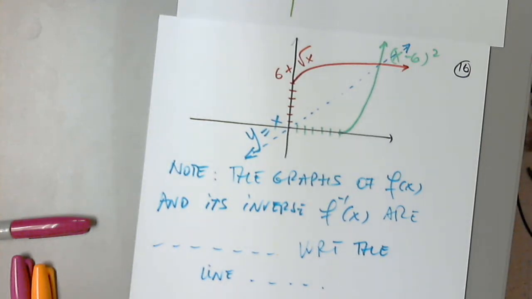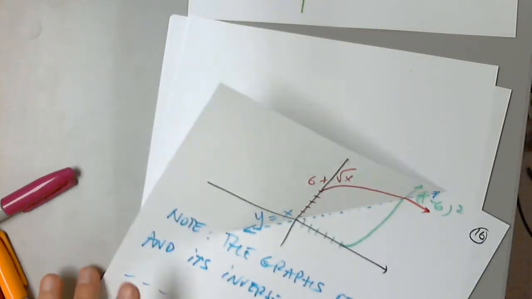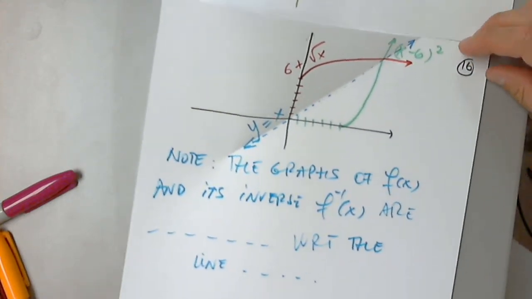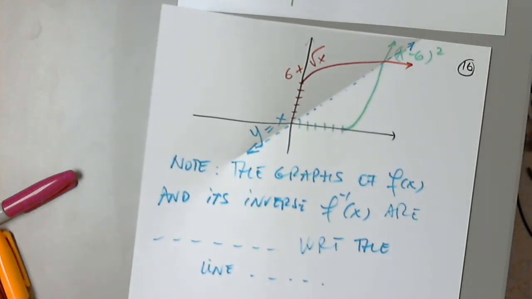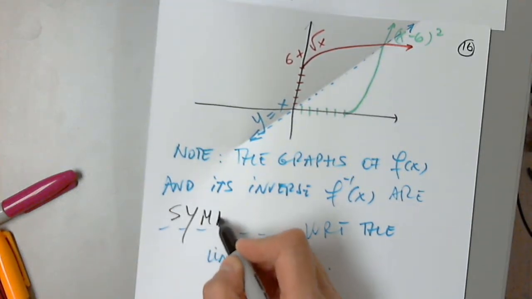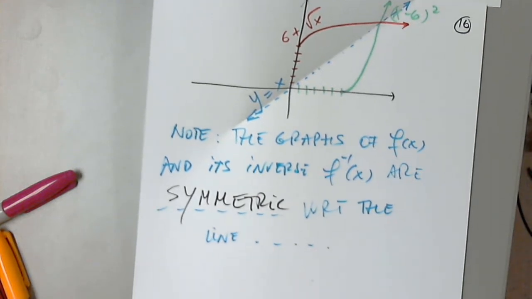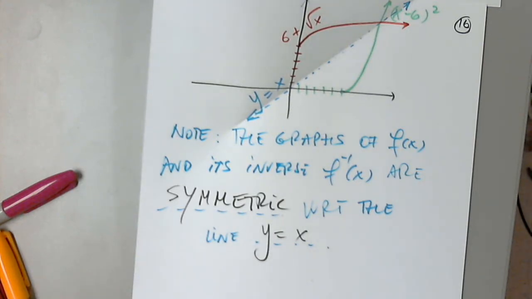The graphs of f and f inverse, okay, are what? What word am I missing here? Yes. Symmetric with respect to the line? For any inverse functions, their graphs will always be symmetric with respect to y equals x. Always.